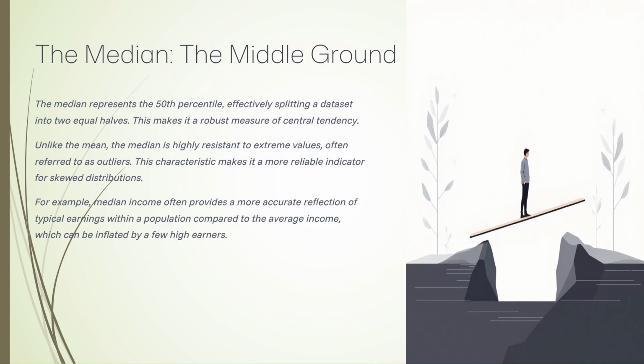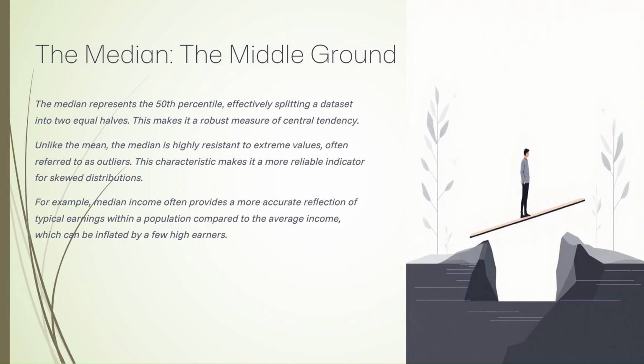First is the median. We have already studied the median under the topic of measures of central tendency. As a measure of location, the median divides the data into two equal parts such that 50% of the observations lie below it and 50% lie above it.